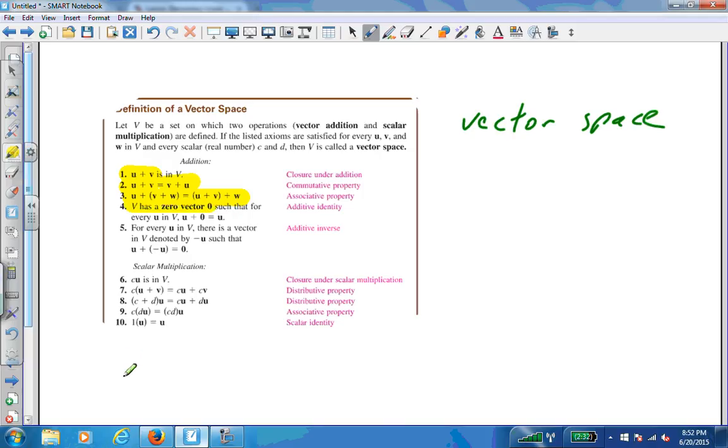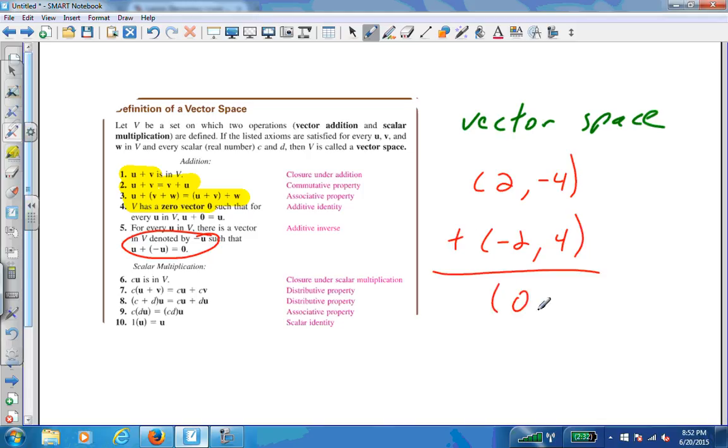We had something called a zero vector, where if we added that to a vector, we got our original vector. We had the opposite of any vector. For example, if we have vector 2, -4, then -2, 4 is also a vector, and if we were to add those together, we get 0, 0, which is the zero vector.